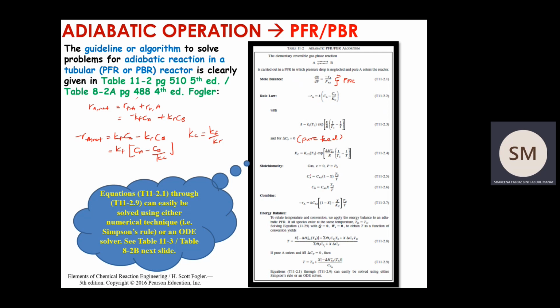The stoichiometry would be CA equals CA0 (1 minus X) T0 over T. We cannot cancel the temperature term because this is non-isothermal, there are temperature changes.